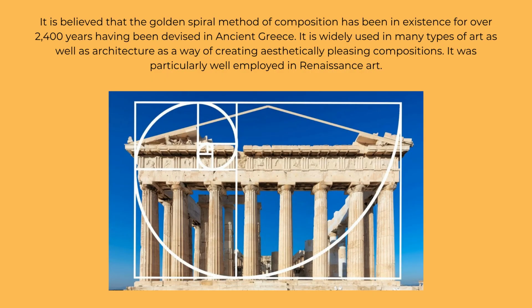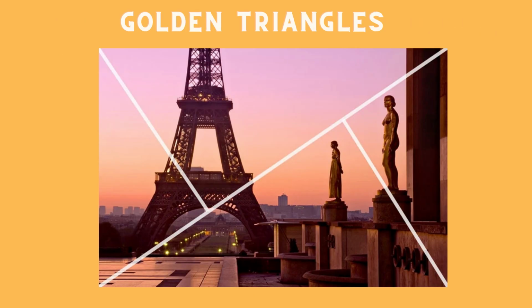To organize these shapes with dynamic movement and complex symmetry, we can look to the golden triangles or even the historical golden ratio. The golden spiral method of composition has existed for over 2400 years.